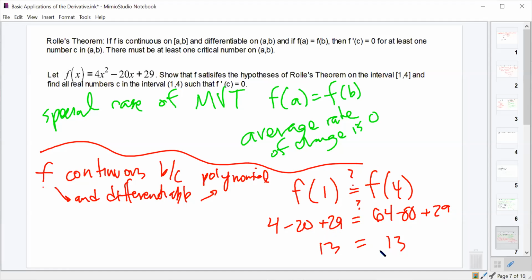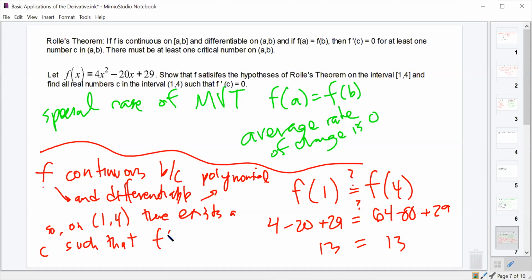So we know that f of a is equal to f of b, which tells us that the average rate of change is 0, which tells us that there is a place on the function where the derivative is equal to 0 between 1 and 4. So on the interval 1 to 4, there exists a C such that f prime of C is equal to 0.